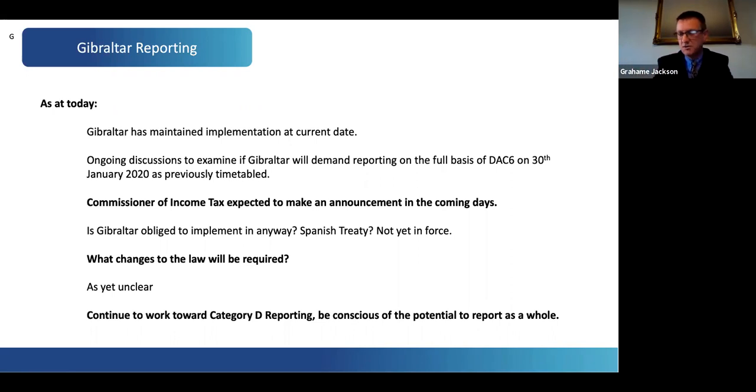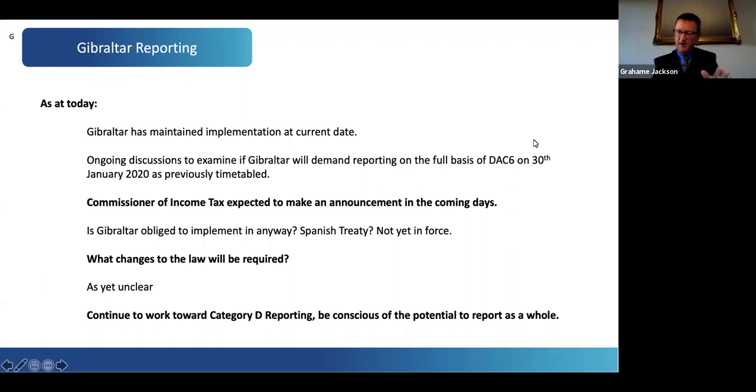So aside from the usual, oh, you've stepped away from a reporting regime, sort of general perception type point, there is the question of the Spanish agreement, the agreement between UK and Spain relating to Gibraltar, which I think was signed almost 2 years ago now. It plays the role of a double taxation treaty, though it is certainly unique in its provisions, but it contains an article which says that Gibraltar will maintain any EU legislation in force on the day that we leave the EU.